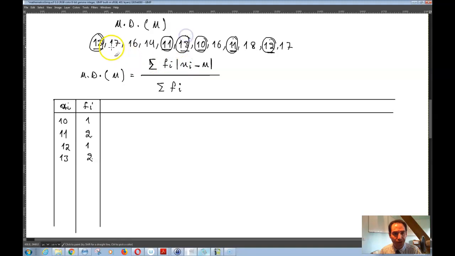Then I have 14 which occurs once. Then I have 16 that occurs twice. Then I have 17 that occurs twice, and then I have 18 that occurs once.